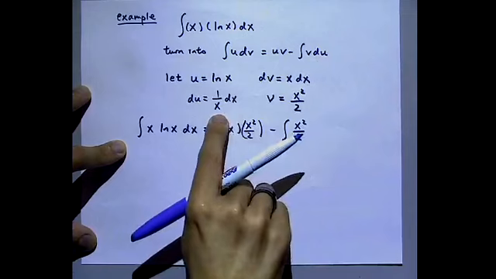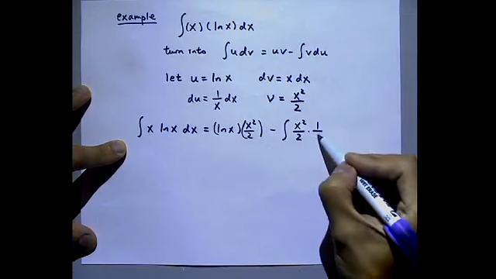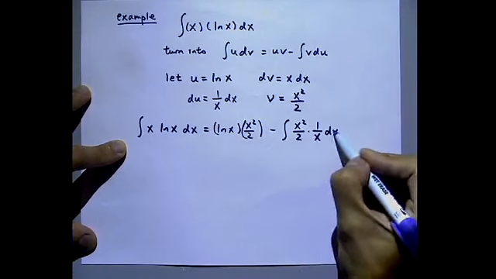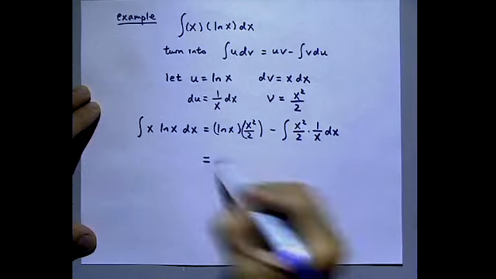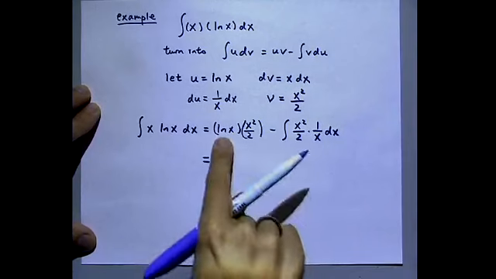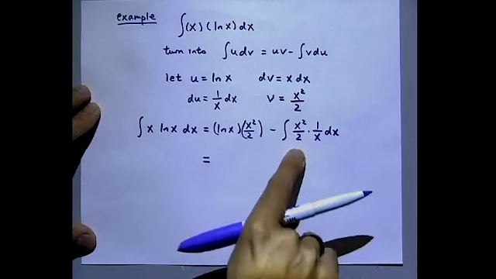And here's du. All right, uv minus the integral of v du.